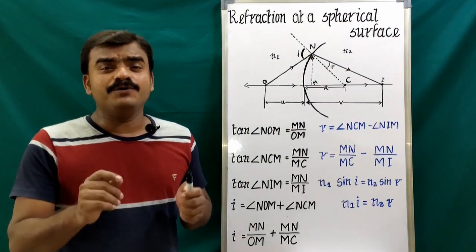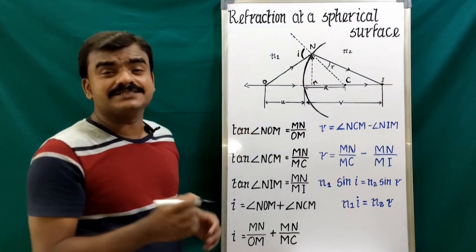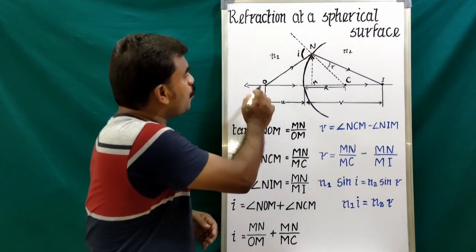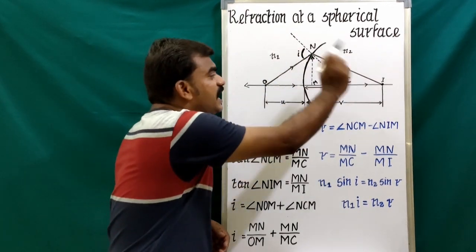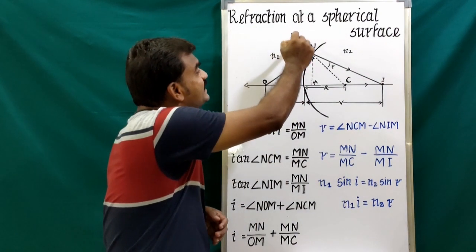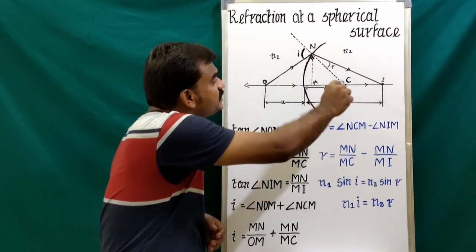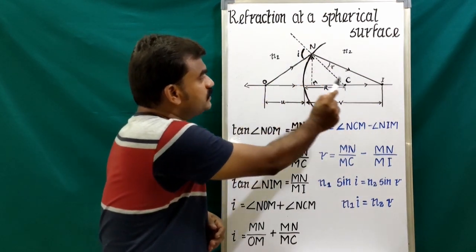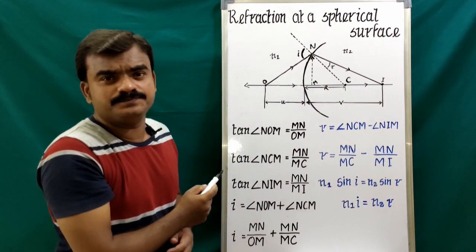How can we find out I value? Look at the diagram. There are some triangles: NOM, NCM, NIM. And then you may find this dotted line also. This dotted line is attached with triangle NOC.